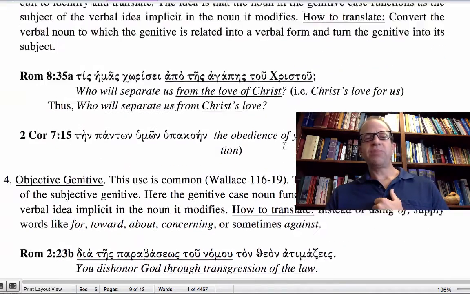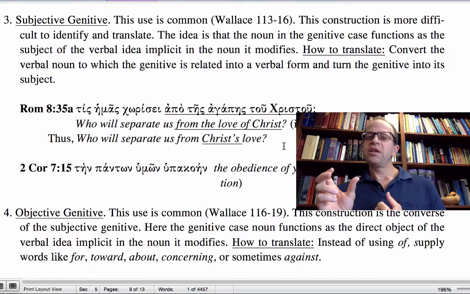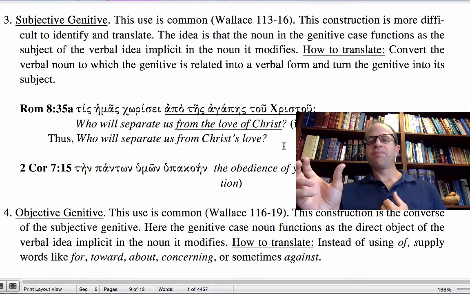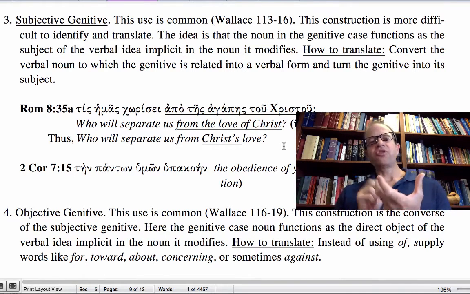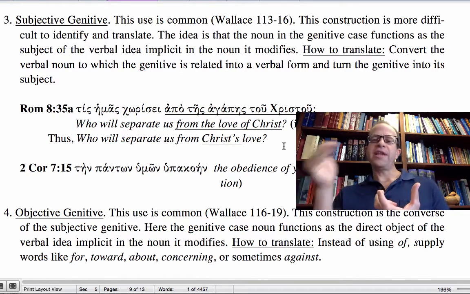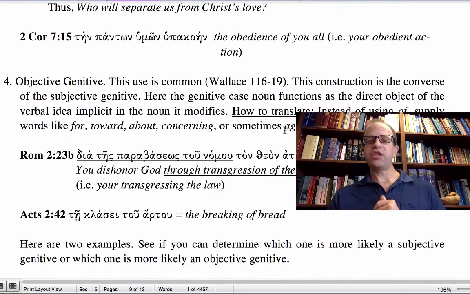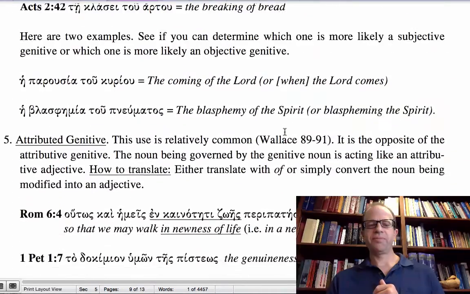To differentiate between the subjective and the objective genitive, try taking the genitive noun as the subject of the verbal idea, or try taking it as the object of the verbal idea to differentiate those two uses.